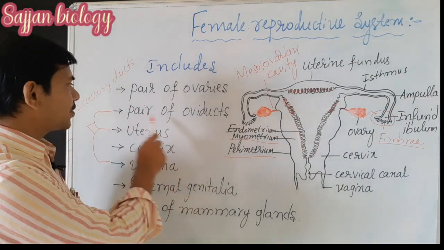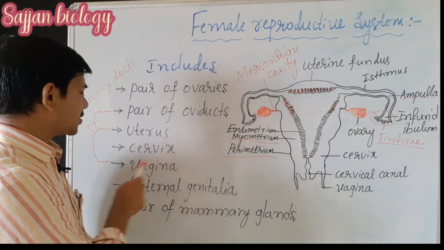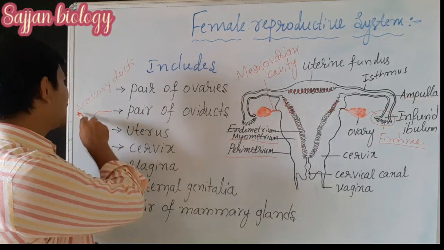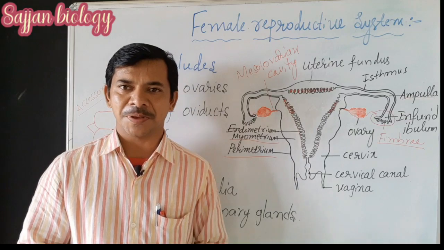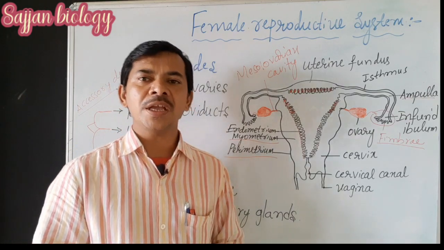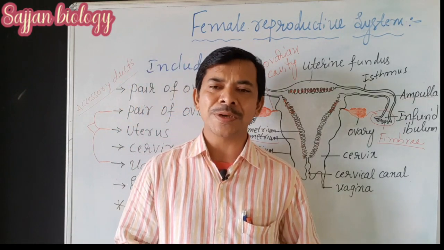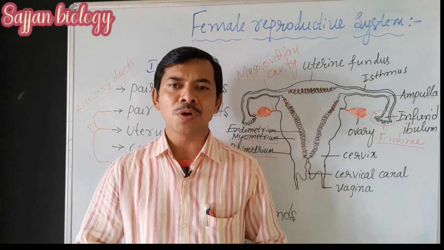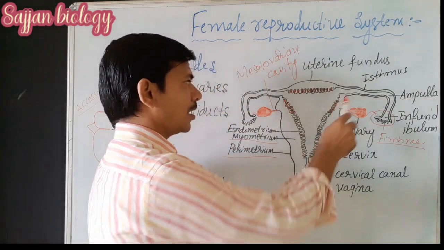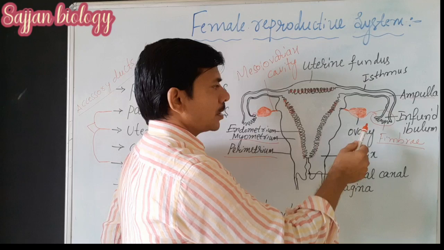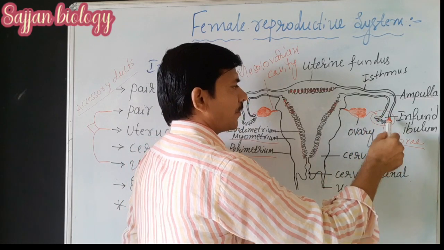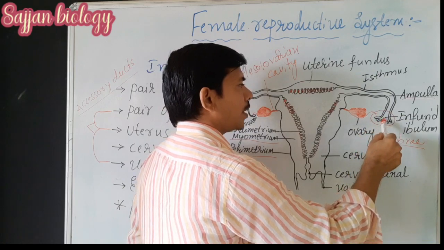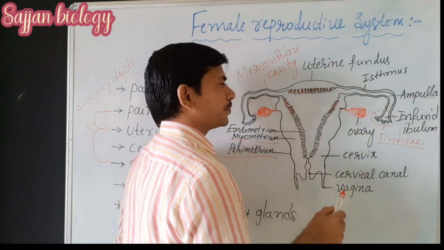The oviducts, uterus and vagina, collectively we call them accessory ducts. Each fallopian tube measures up to 10 to 12 centimeters in length and extends from the periphery of the ovary to the uterus.